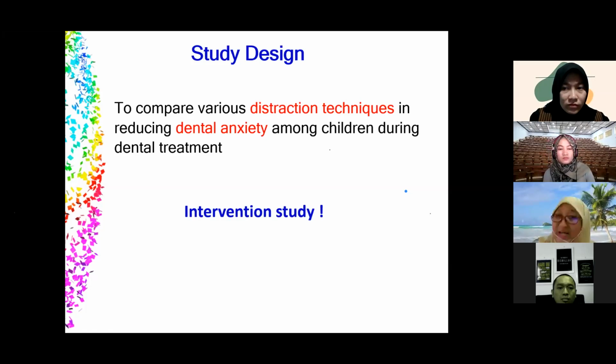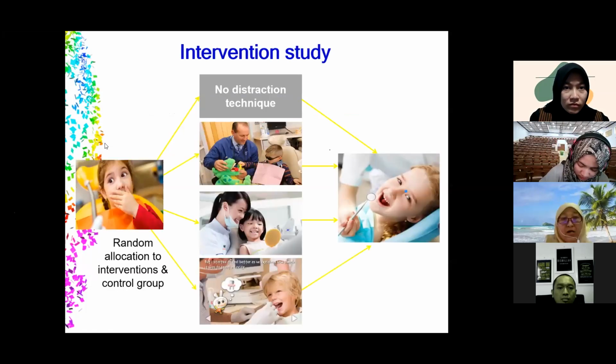So the study that you are now reading, the phrasing, they have to use intervention study or intervention experimental study, intervention sama saja ya. Like RCT, for example, this is anxious children. So you want to try no distraction technique at all.